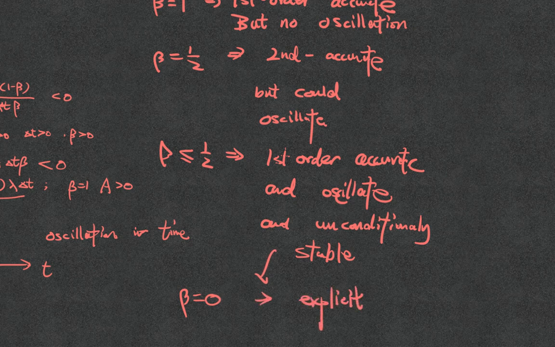And if you formulate it correctly, it could be matrix free. You can get rid of using a matrix to update the system. You don't have to solve a system of equations, and that could be a benefit. So it's a different choice that you would like to make. None of them is perfect.